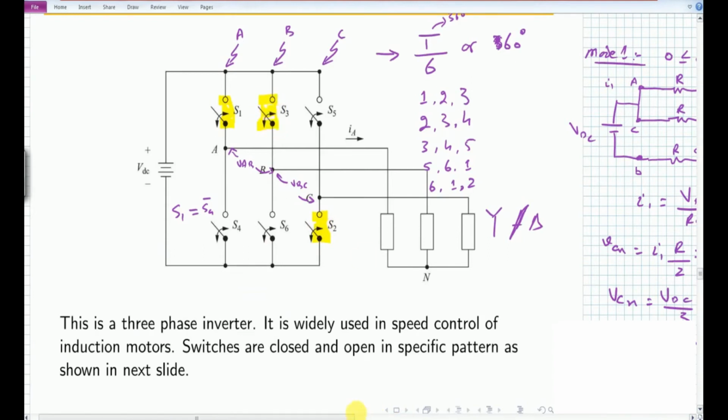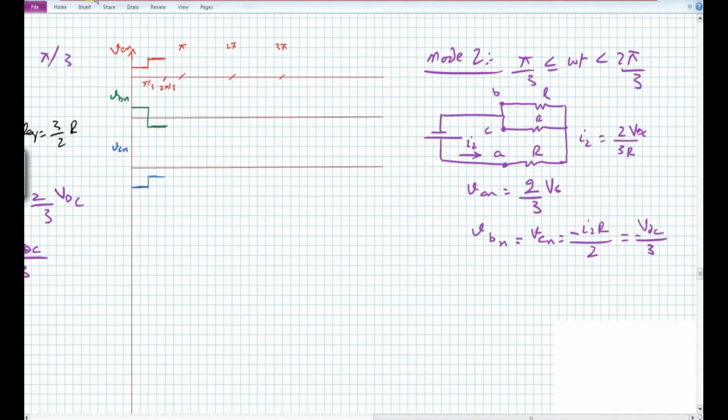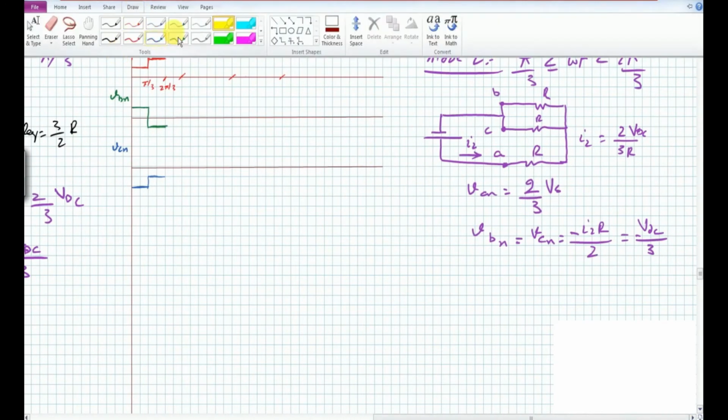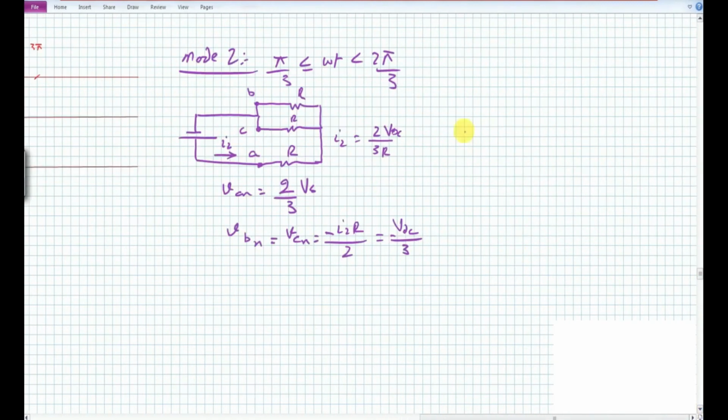So let us draw the equivalent circuit to proceed further. For this mod number 3, this is from 2 pi by 3 less than or equal to omega t less than or equal to pi.